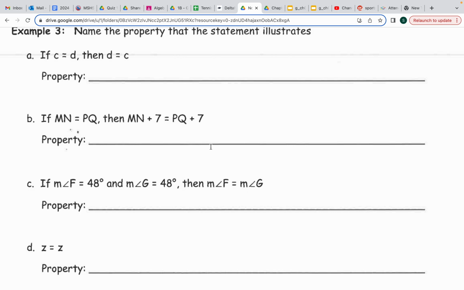So maybe in your notes, write this down and see if you can figure out just what properties we use for A through D. You can just put in your notes like A is this, and then use those notes on your properties to help you figure those out.